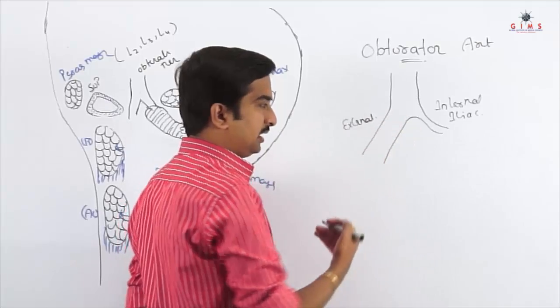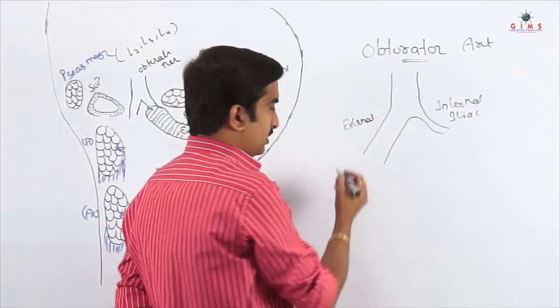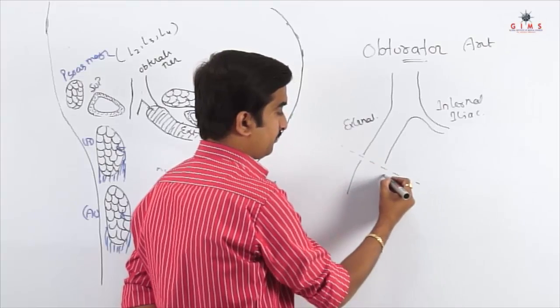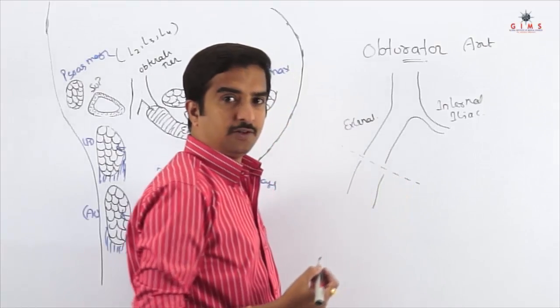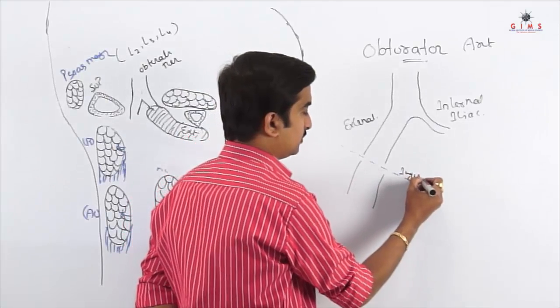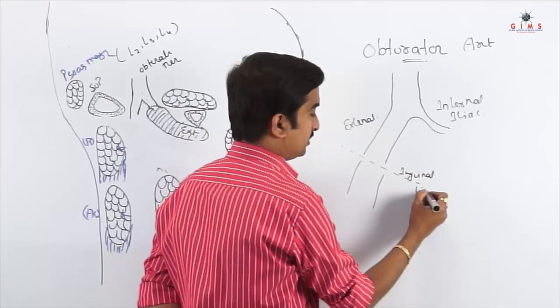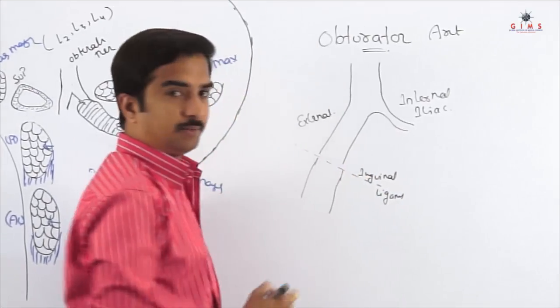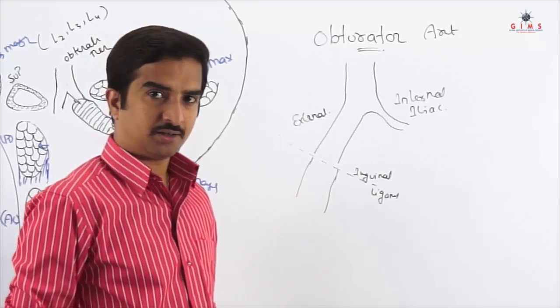The external iliac artery continues as the femoral artery behind the inguinal ligament.